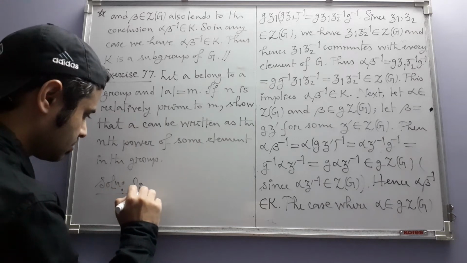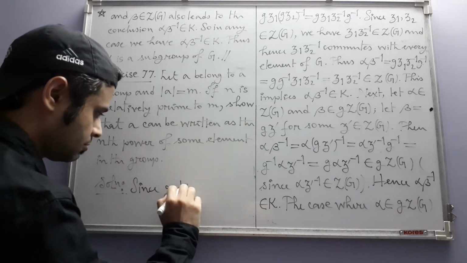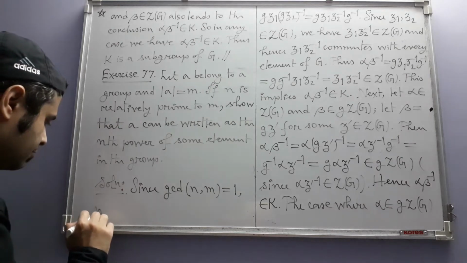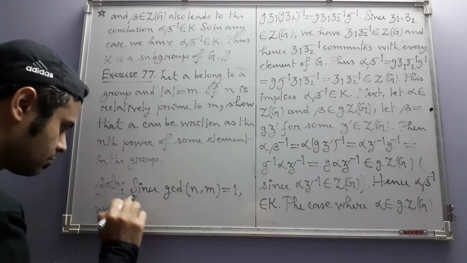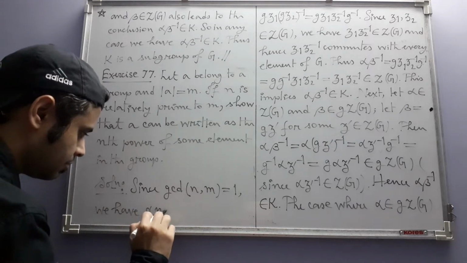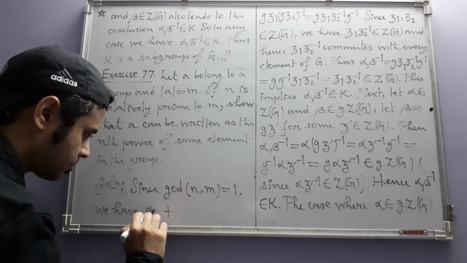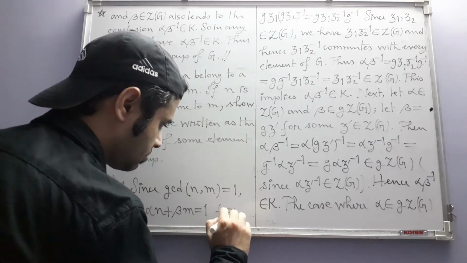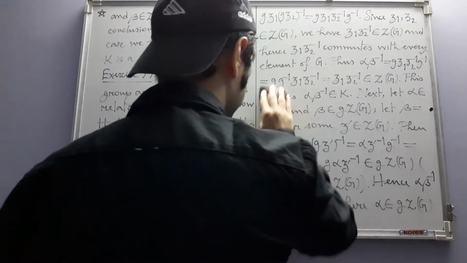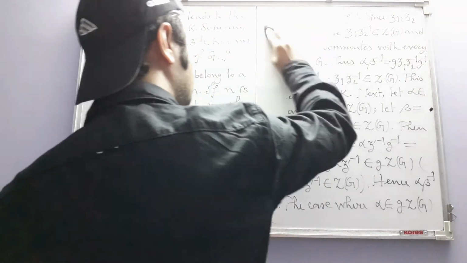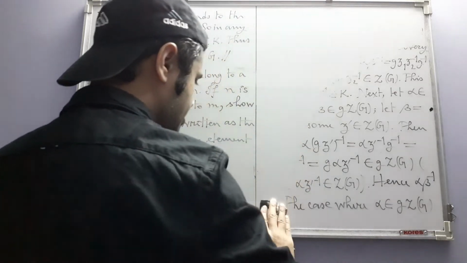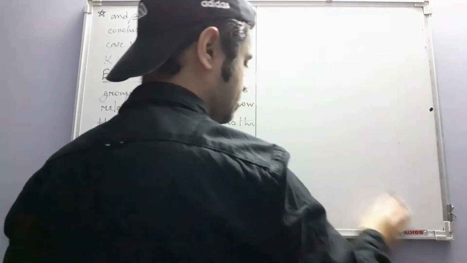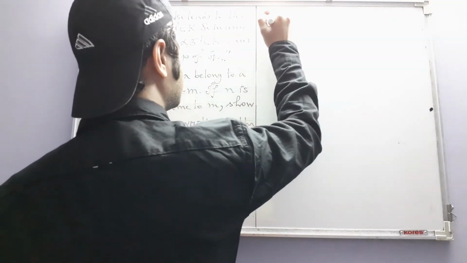Since GCD of n and m is 1, we have say alpha n plus beta m equal to 1 for some integers alpha and beta, because the GCD of two integers when it exists is a linear combination of the integers with integer coefficients.